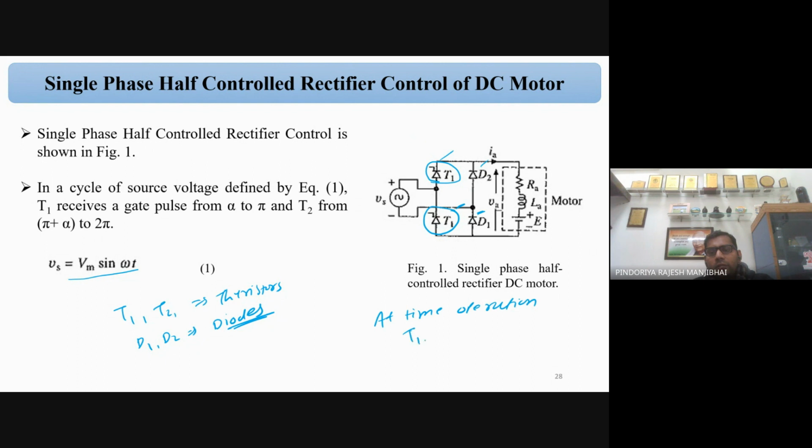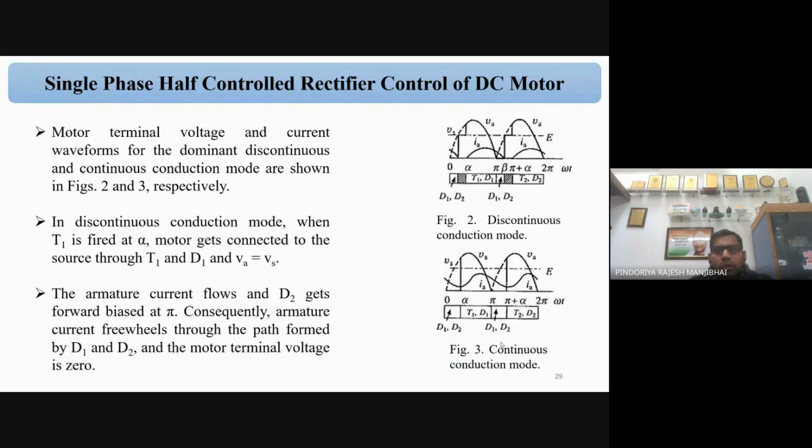So you can see T1, D1 and T2, D2 are operated in turn.